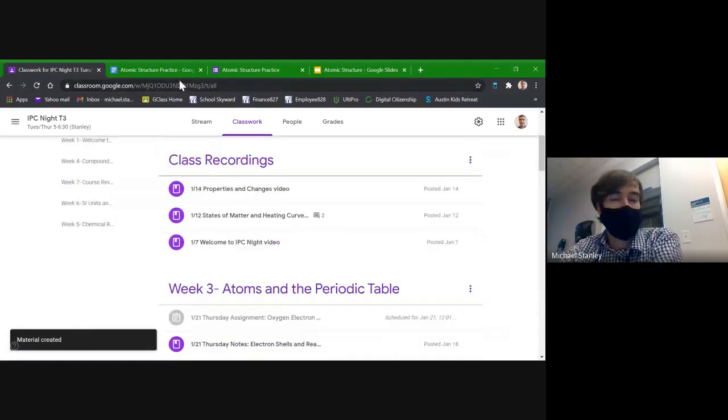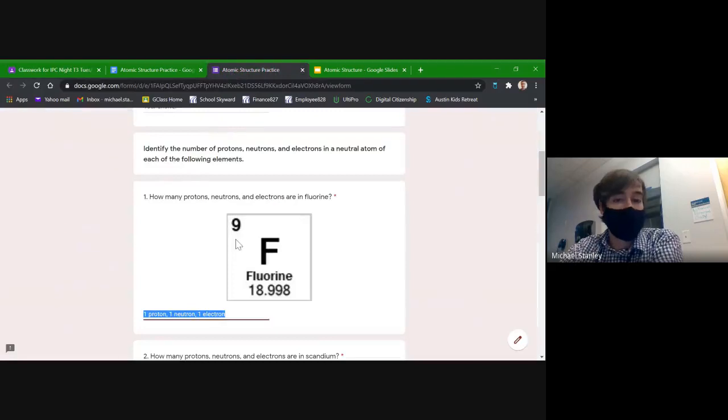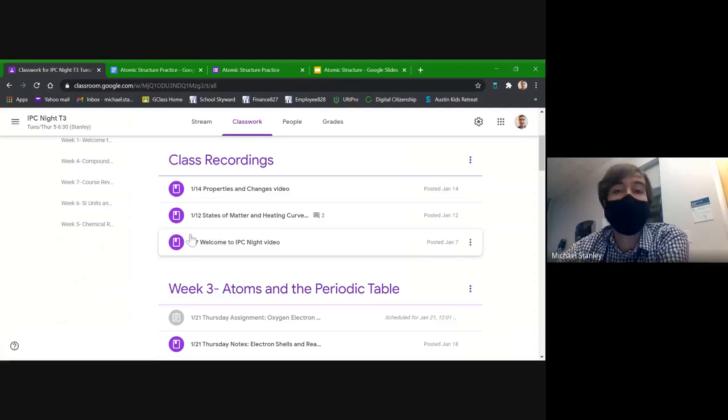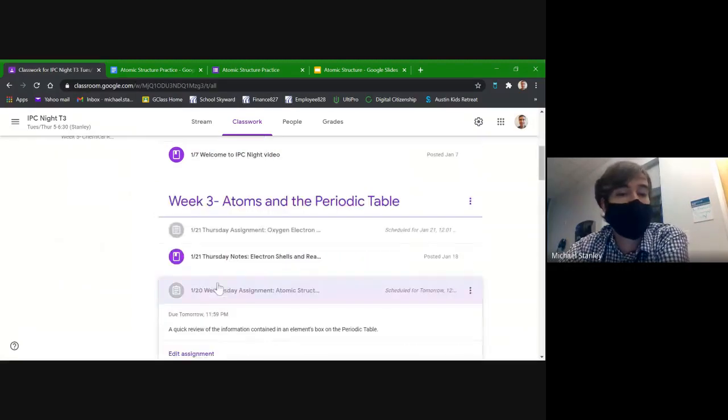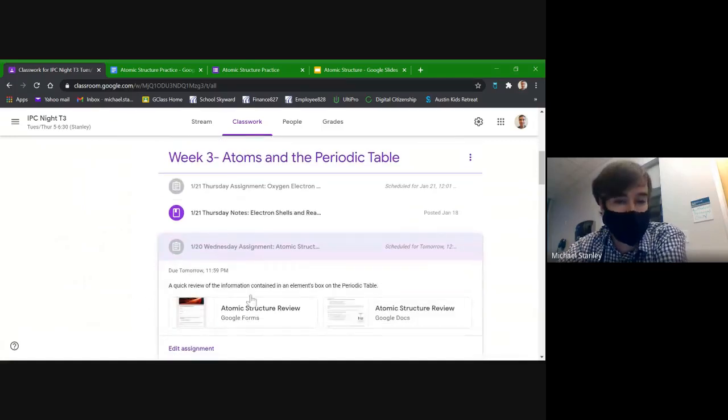All right, so that is essentially the homework for today: for each one of these atoms, tell me how many protons, neutrons, and electrons are in it. And for tomorrow's homework, that'll be going up early tomorrow morning.